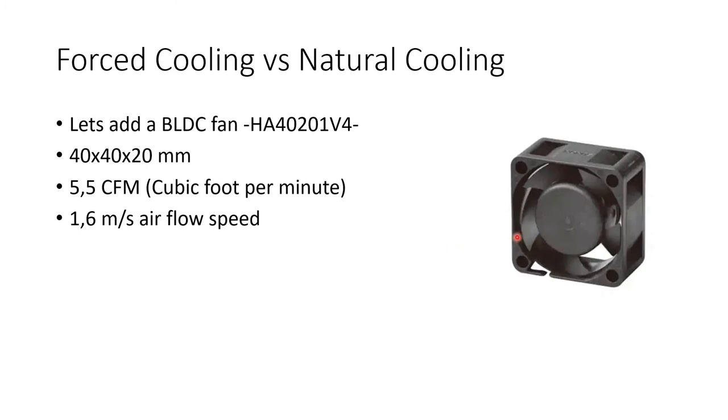Now this fan, in the datasheets of the fans and the pumps, you see a parameter called CFM, which stands for cubic foot per minute. It's in the imperial units. In SI unit, it's equal to meter cube per second.